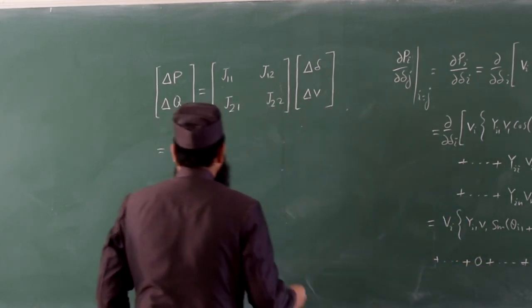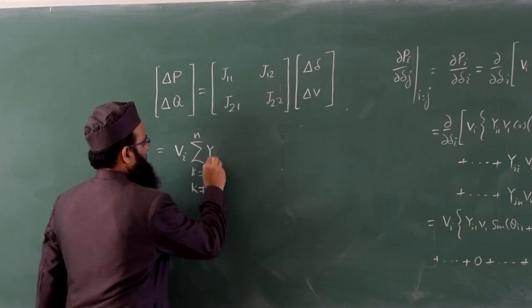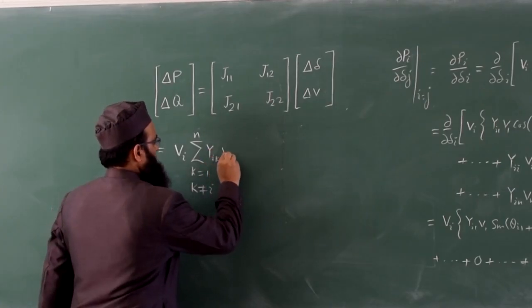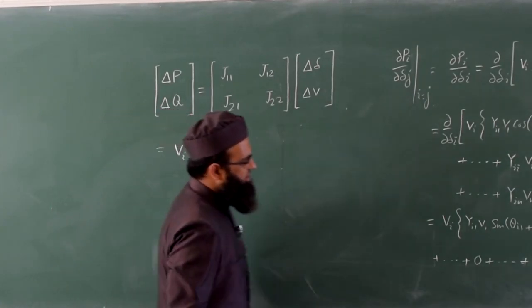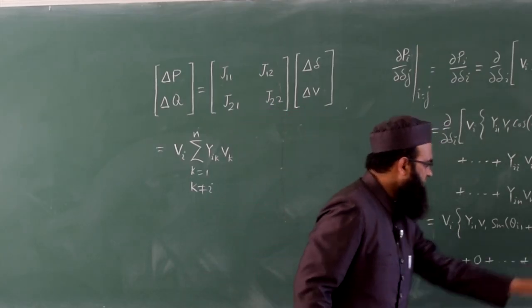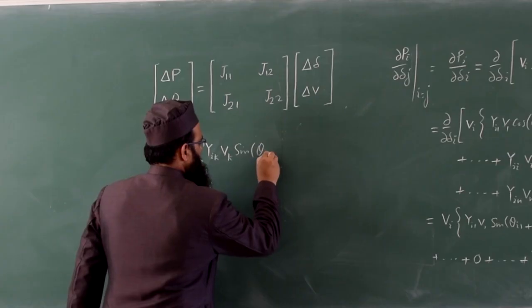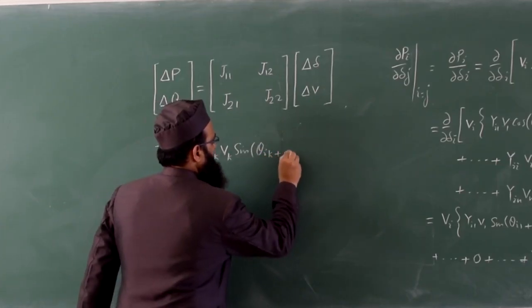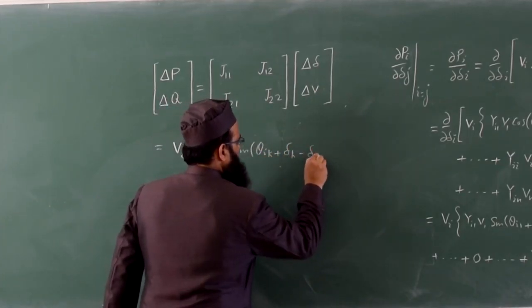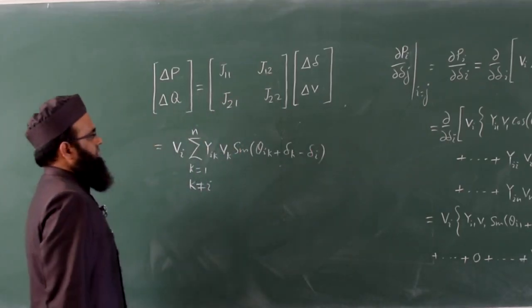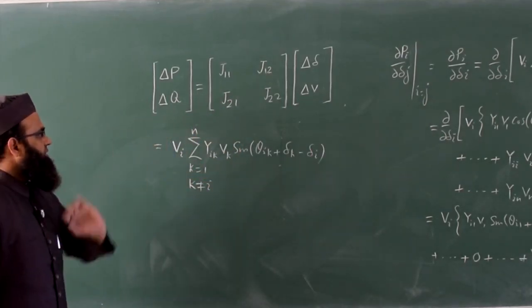Yik Vk sine of (θik plus δk minus δi). Except the ith term we are having this.